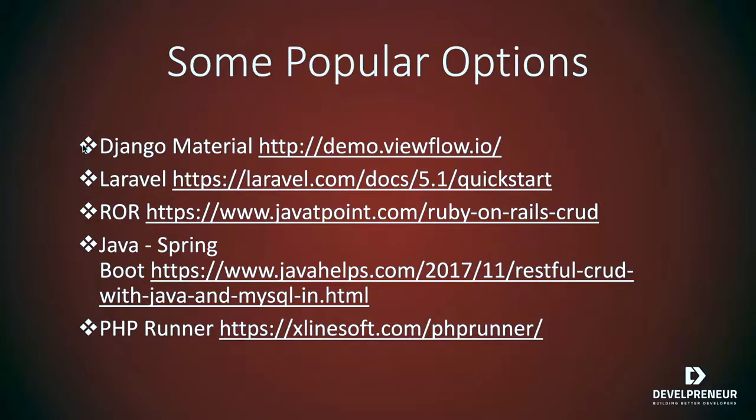So some common options out there, swinging back around to some of the ideas that are out there. If you want a quick solution to a problem, there's something in just about every language. Django is built on Python, and it's a fully featured framework with a responsive CSS UI.